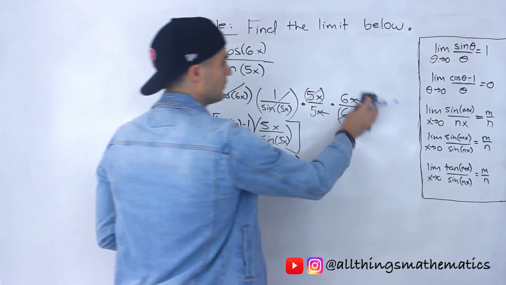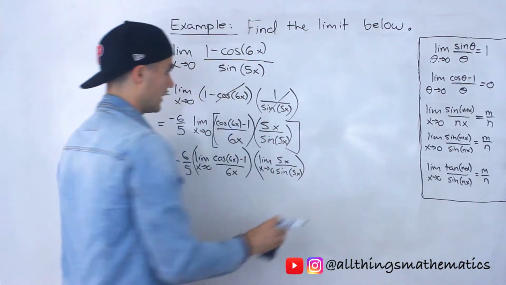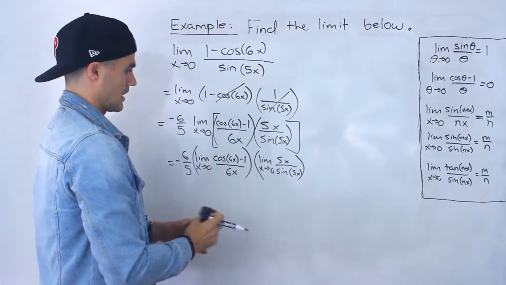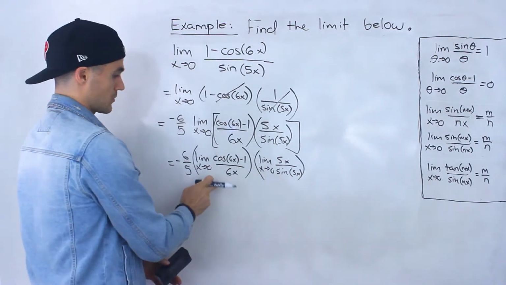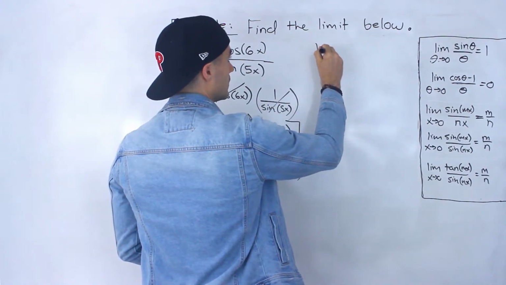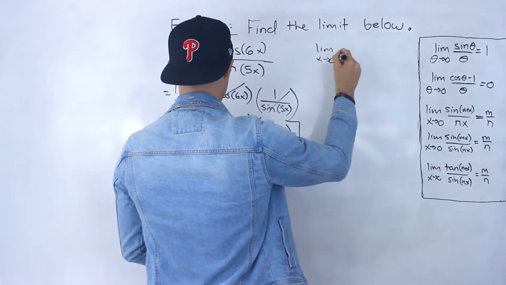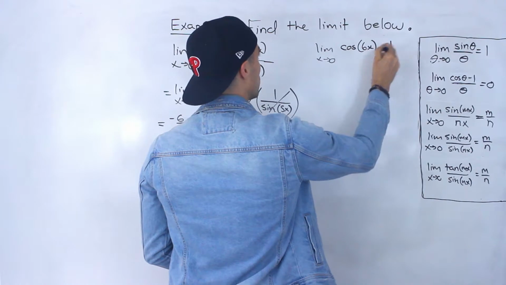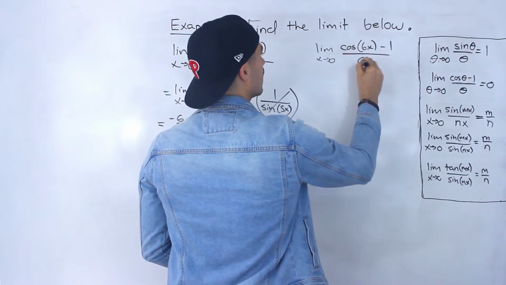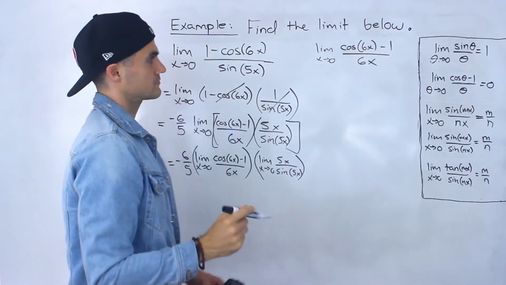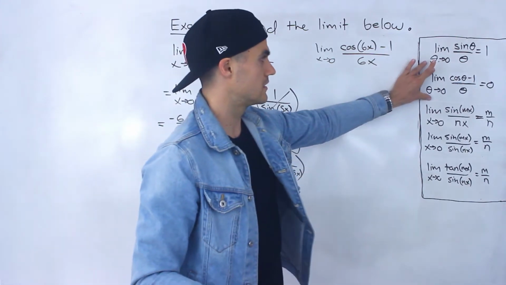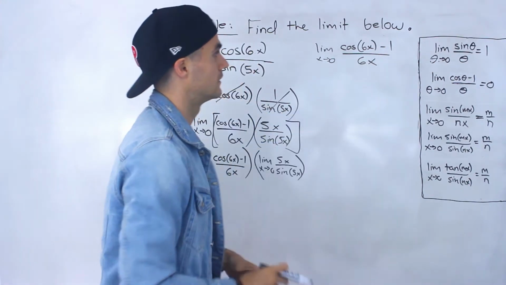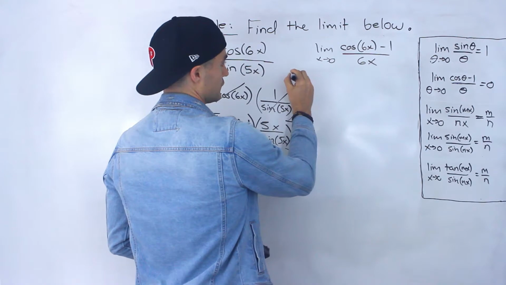And now what I'm going to do is on the side here, I'm going to work with both of these limits separately. So I'm going to start with this one. So the limit as x approaches 0 of cos of 6x minus 1 over 6x. Notice that it's a very similar format to this, but let's fully finish it.